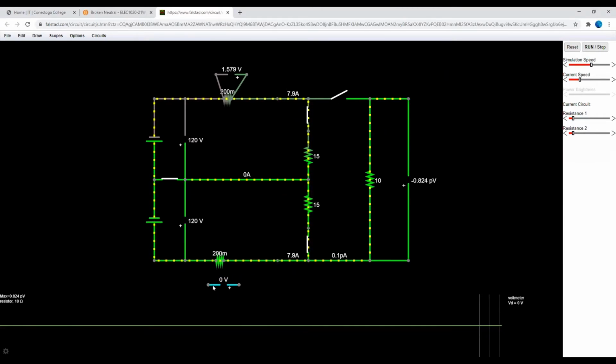I'm going to do the same at the bottom here. You can see that, of course, because they have the same amount of resistance on both wires, we are going to have the same amount of voltage drop.